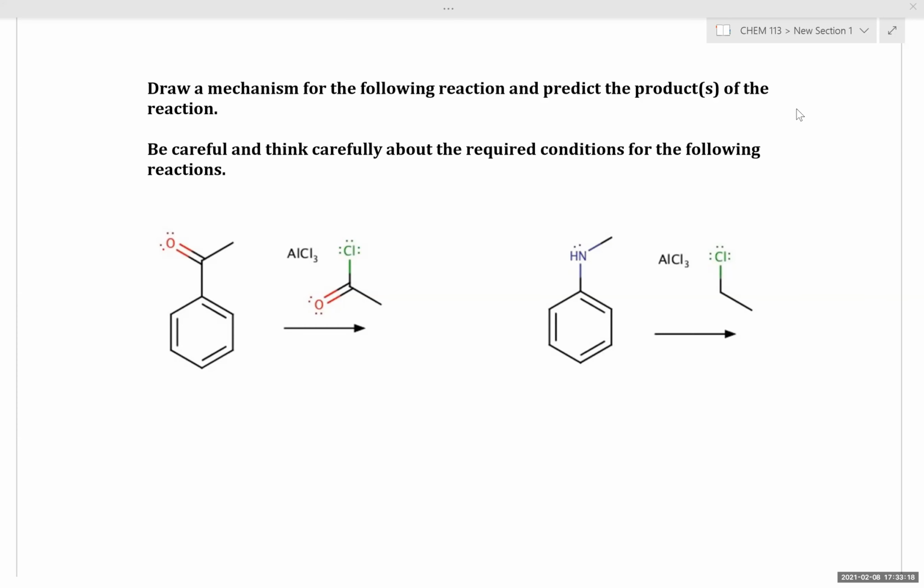Does that make sense? So what does the class think?